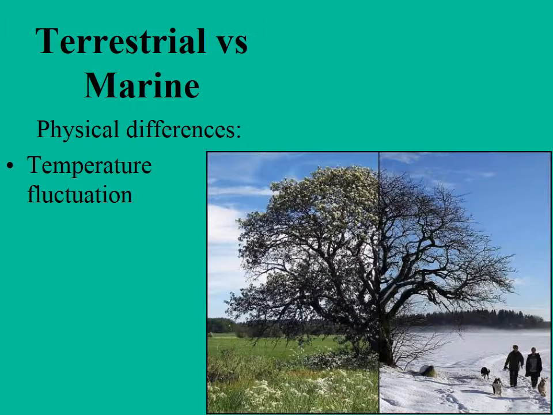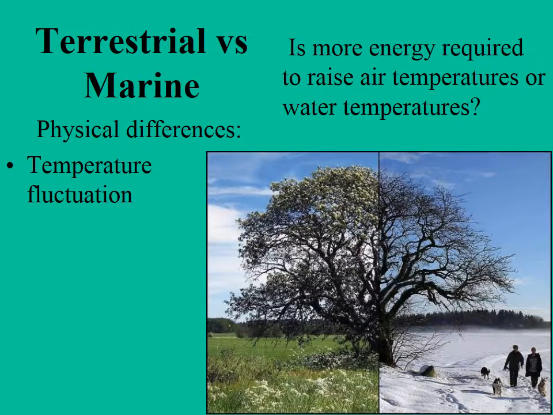We have probably negative, there would have been negative 40 where I grew up in upstate New York, and we would have had temperatures over 100 degrees, so in the mid 30s Celsius in the summer. So very extreme differences between winter and summer. What about the water?